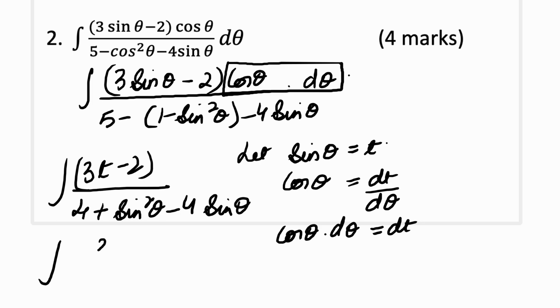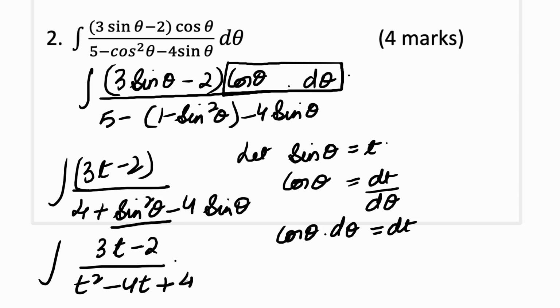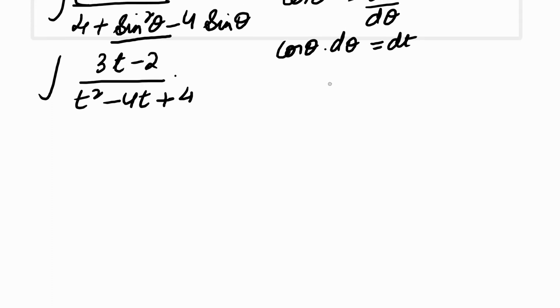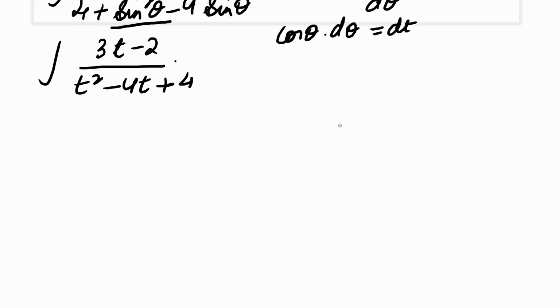So I will get 3t minus 2 upon t square minus 4t plus 4. Now what will we do? We will convert it using the form where we write the numerator as a part of the differentiation of the denominator plus some constant.